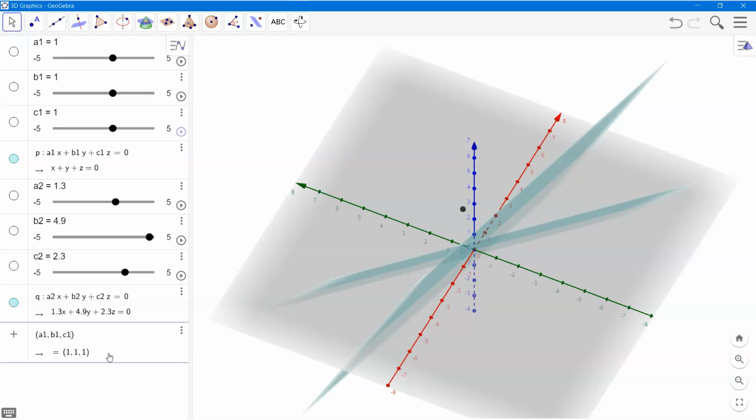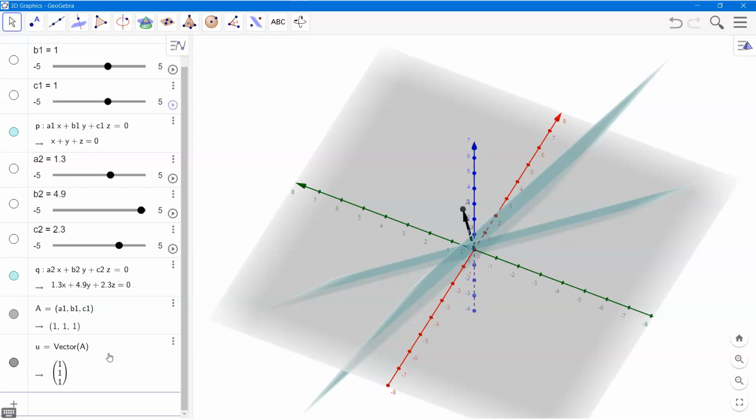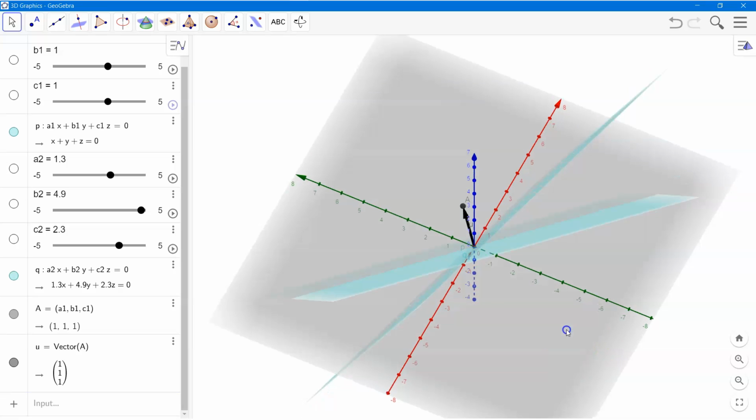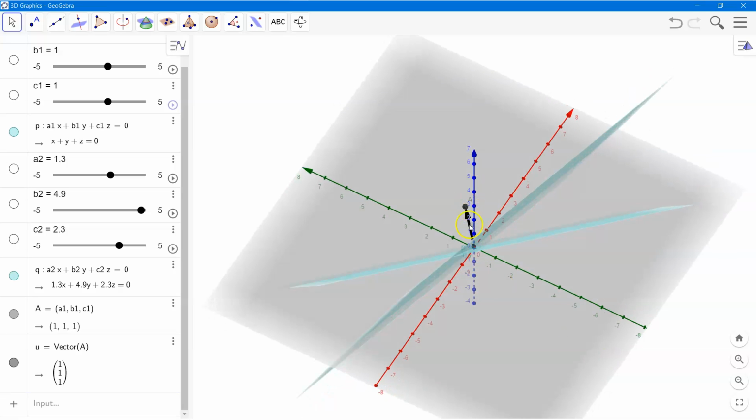A1, B1, C1. Vector A. So if you notice that this vector is going to be perpendicular to or normal to this plane.